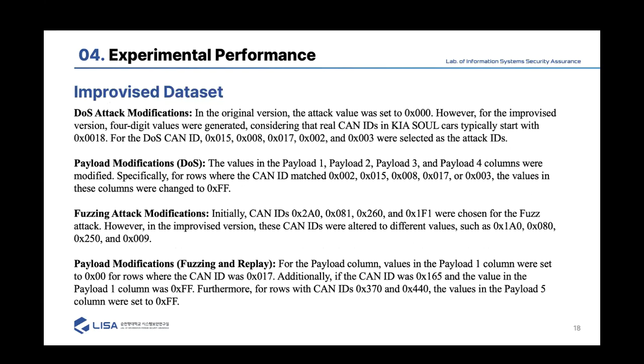And for testing our models, we improvised the dataset. In the original version, the DoS attack used CAN-ID 000. For the improvised version, four-digit values were generated, considering that real CAN IDs in a Soul car are typically short, like 0018.